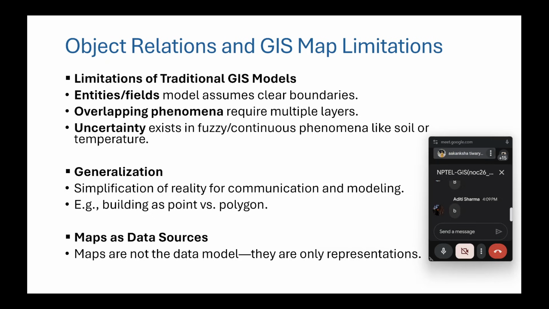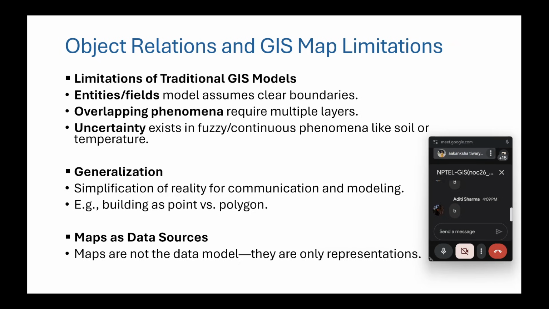If you are looking at phenomena like temperature or soil, there is going to be some uncertainty associated with it, because in the real world that phenomenon is very continuous, but in the raster image we have some area and we are looking at the area average.